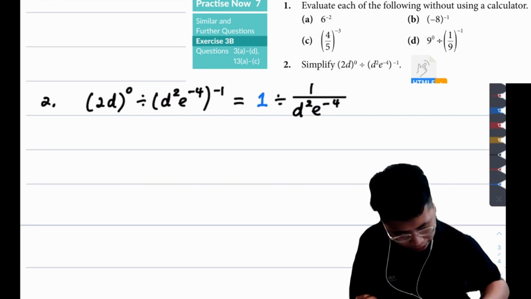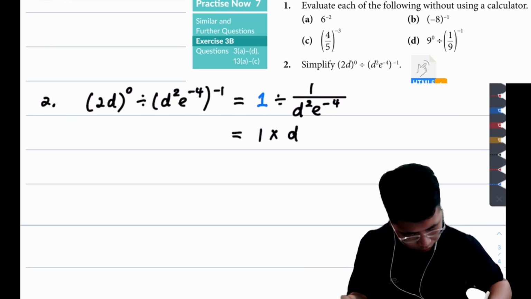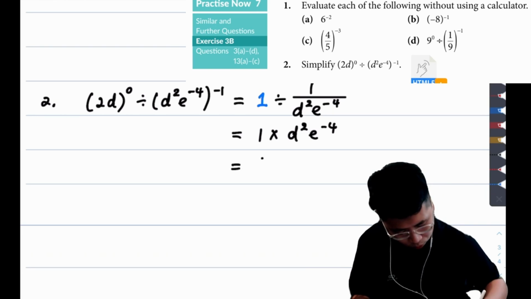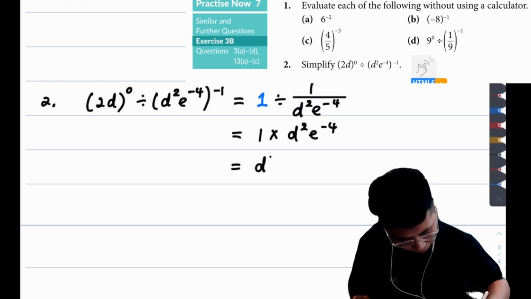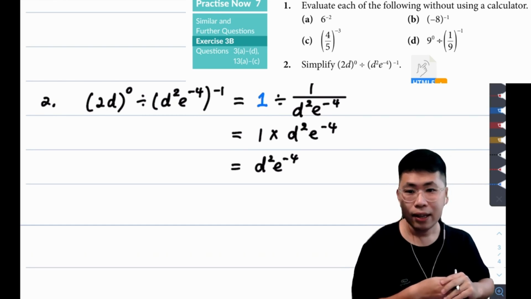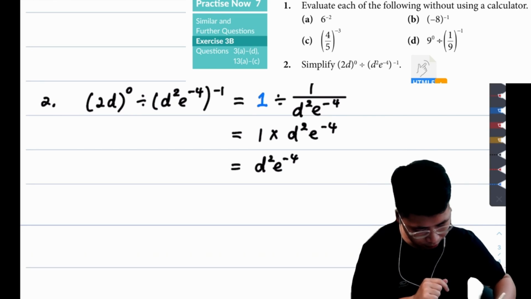So what we have is 1, keep, change, flip. Over here we have our d squared and e to the power of negative 4, and we have already simplified this, so we are done with this.